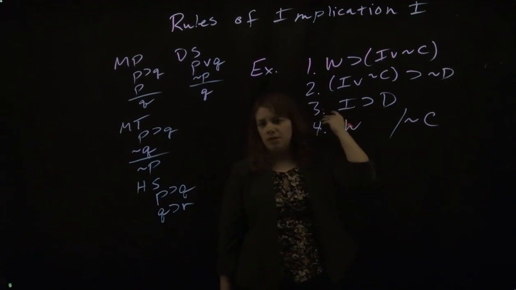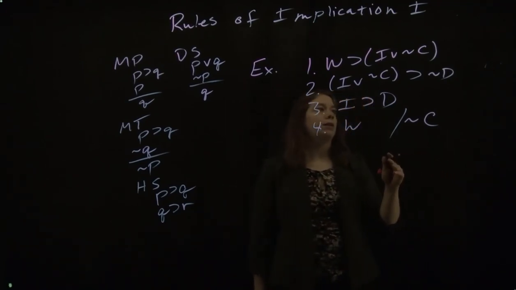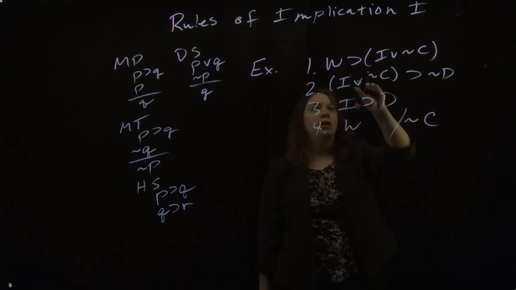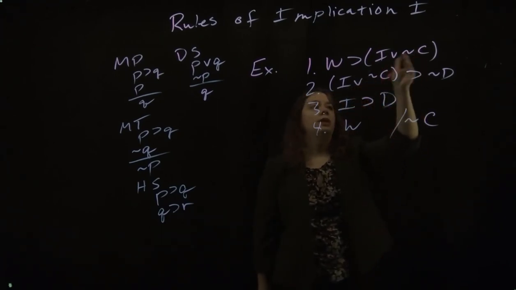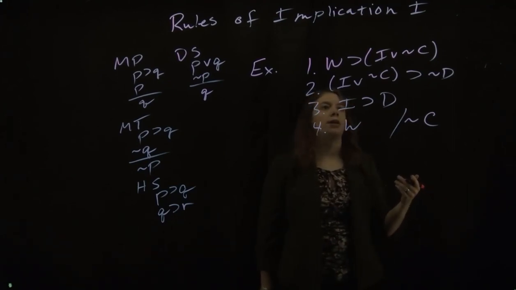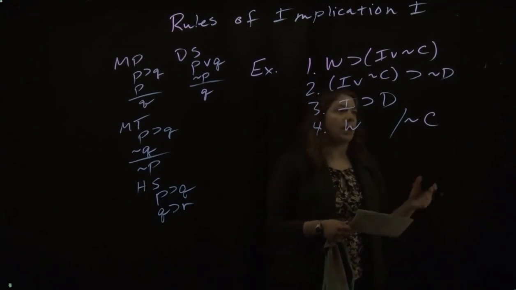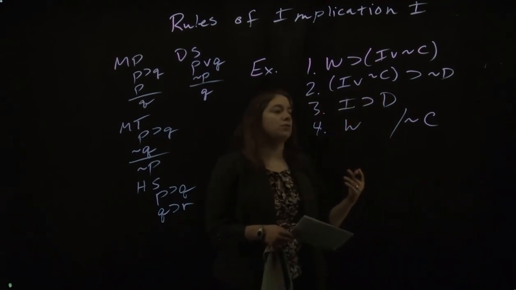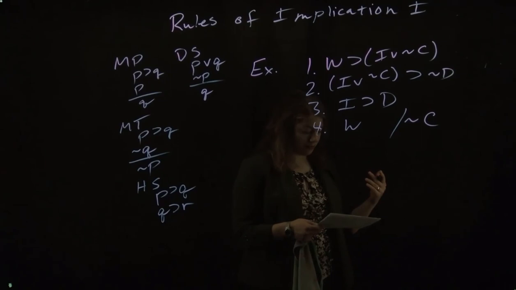So again, if we use that first strategy the book mentions, it looks like we have our not C here on line 2 and line 1, so perhaps there's something there that will help us along. Maybe that's the line that we're going to get this from.